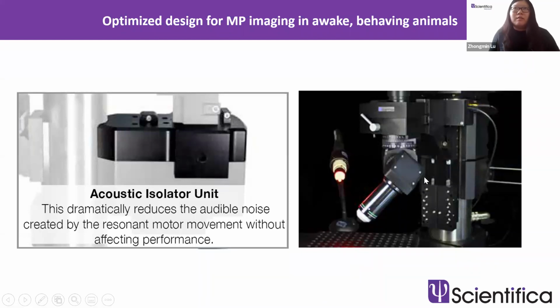Also, if you're imaging large animals or lateral brain regions, like auditory cortex, you can tilt the objective to optimize your imaging. And if you're doing GRIN lens imaging, this function will really enable you to maximize the efficiency of 2P GRIN lens imaging.